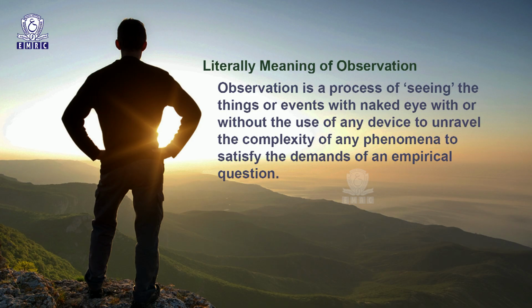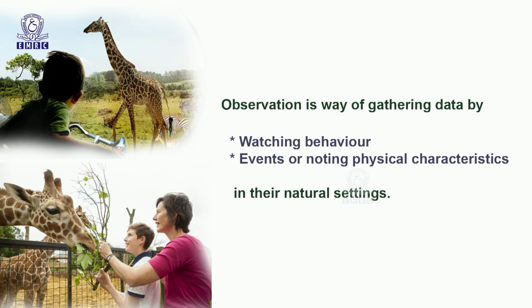Literally, observation is a process of seeing things or events with the naked eye, with or without the use of any device, to unravel the complexity of any phenomena to satisfy the demands of an empirical question. Observation is a way of gathering data by watching behavior, events or noting physical characteristics in their natural settings.